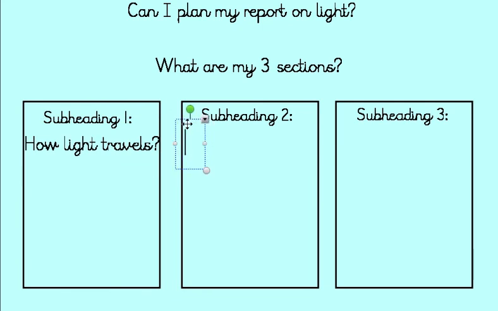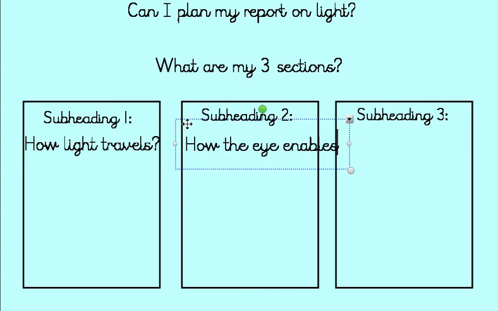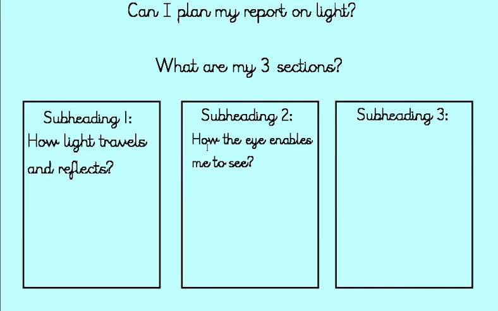You'll probably have another section on the eye, how the eye enables me to see. And there we go, so there we've got the first 2. We've got how light travels and reflects.